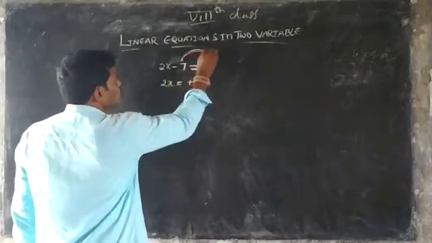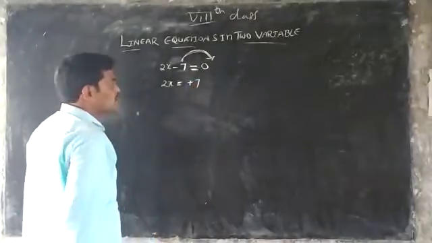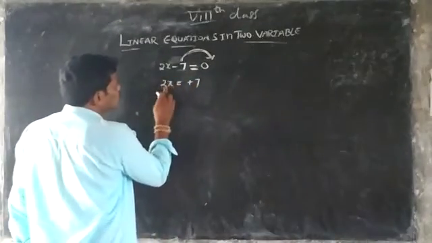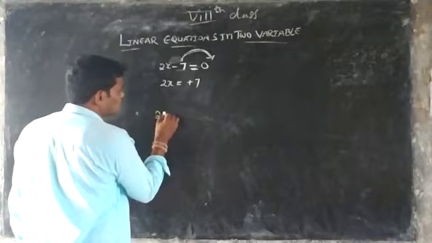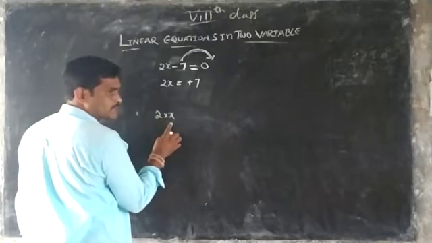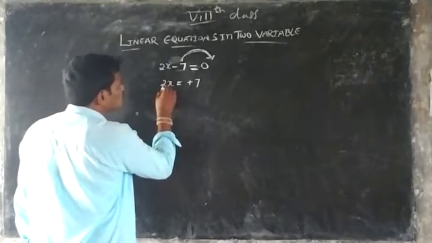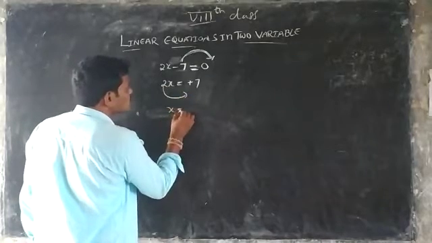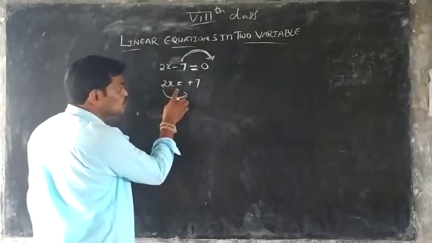This 2x we can write as 2 into x. So this 2 transposes to the other side, x is equal to 7 by 2.